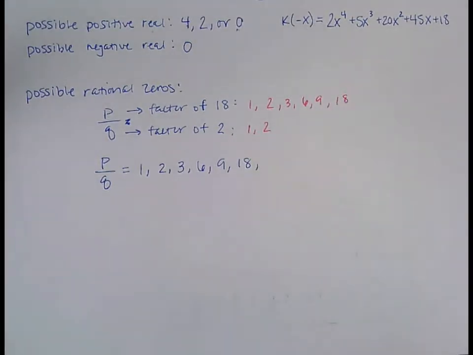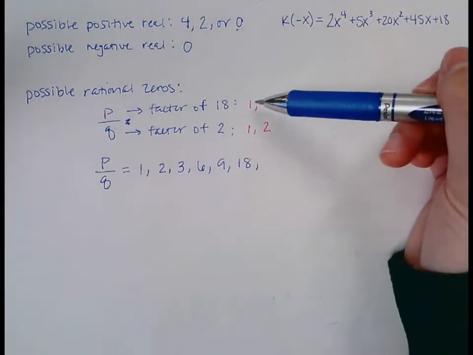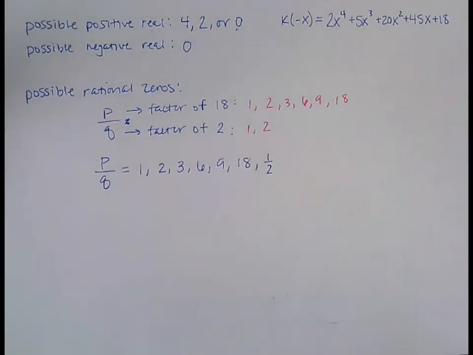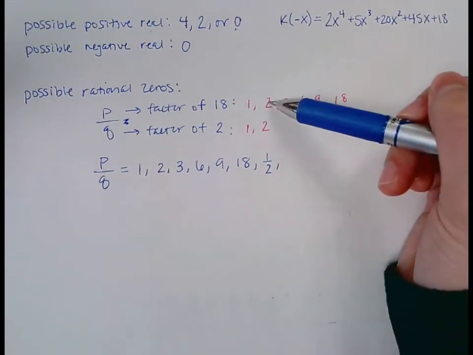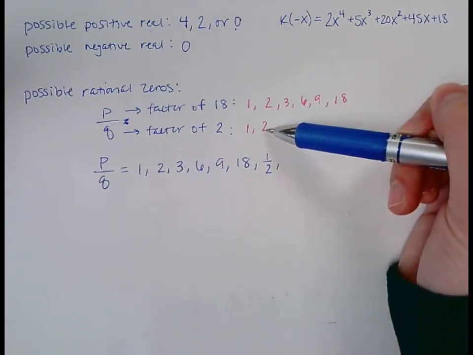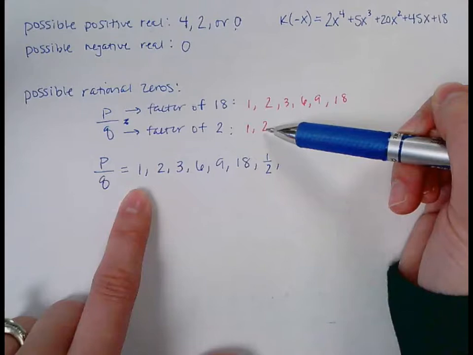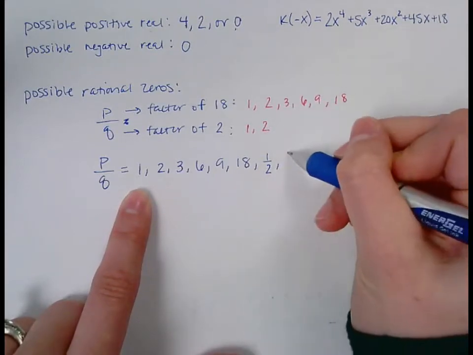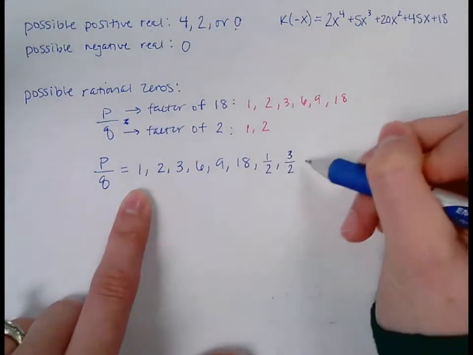Now when you simplify a fraction, if you get a number that's already in your list, you don't have to write it again. If you write it twice, I'm not going to take off for that, but you don't have to. So 1 over 2 is 1/2, or you could put 0.5. 2 over 2 is 1, and that's already in my list, so I don't need to write it again. 3 over 2 is not in my list.